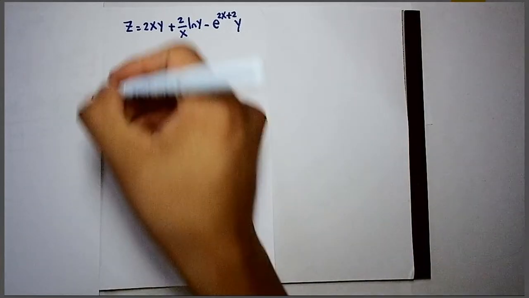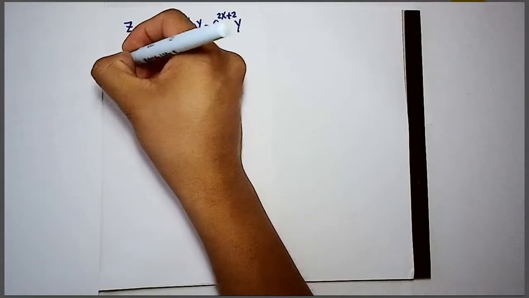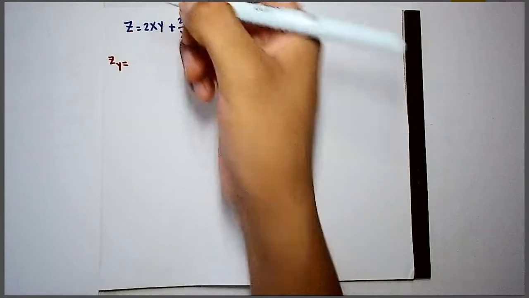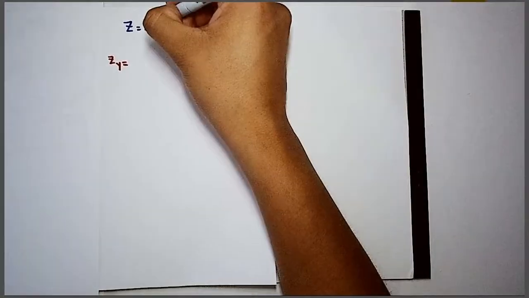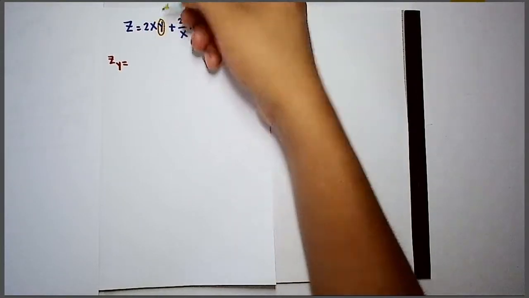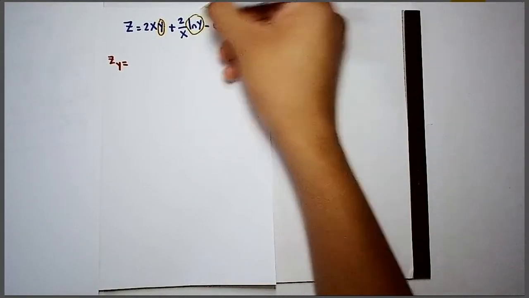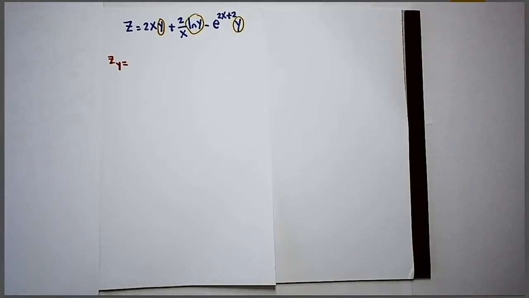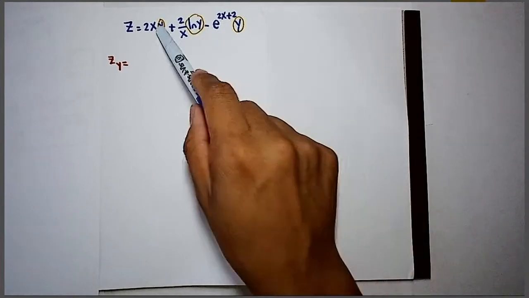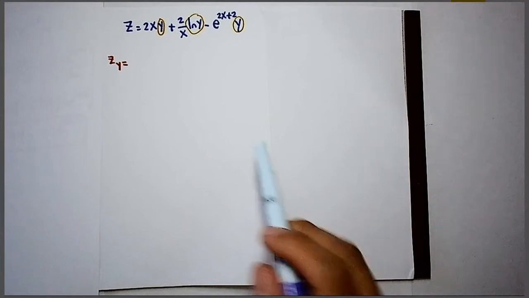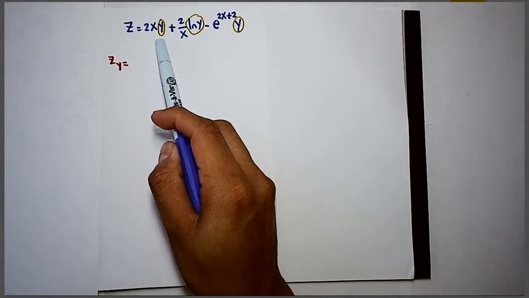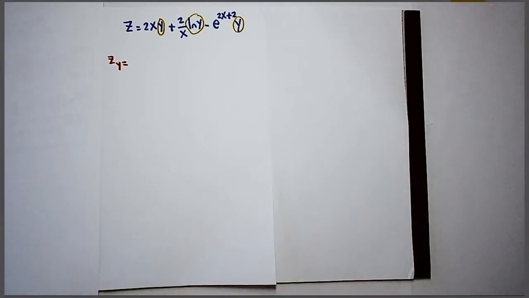Now let's take the derivative with respect to y. Y appears here, here, and here in this function. Notice that I'm putting yellow, so in that way you can identify what part will be variable in each term.